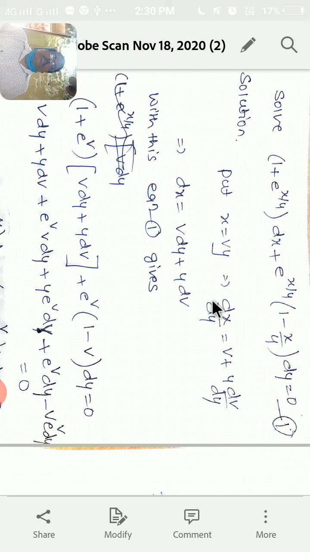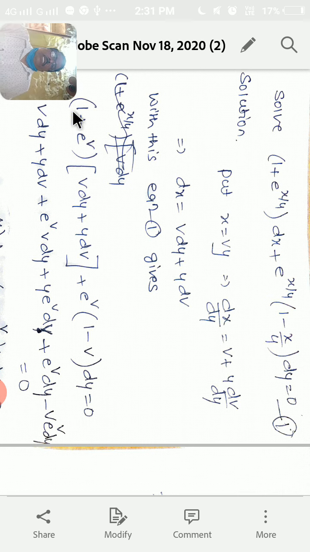You have calculated dx, substitute this dx here and put x = vy here, which gives (1 + e^v)(v dy + y dv) + e^v(1 − x/y, that is v) dy equal to 0.